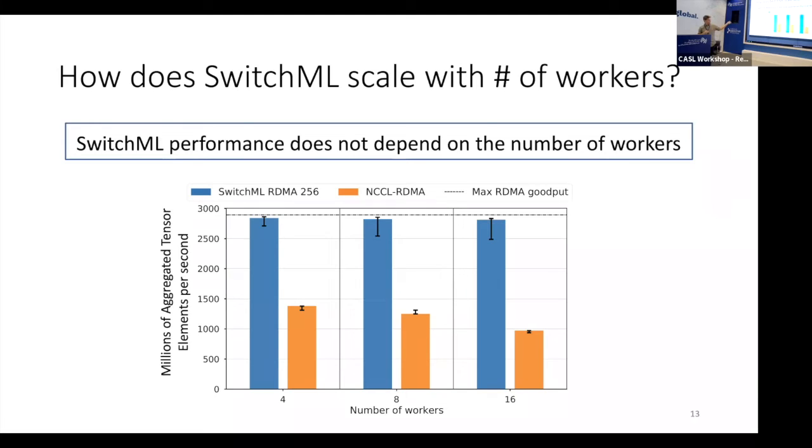But then also in terms of scalability, as you increase the number of workers going from 4 to 8 to 16, it also lowers its performance because its latency component depends on the number of workers. So it looks out.